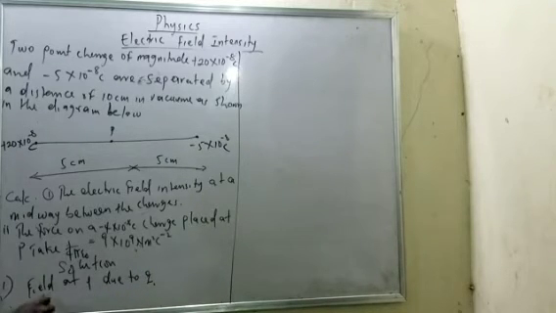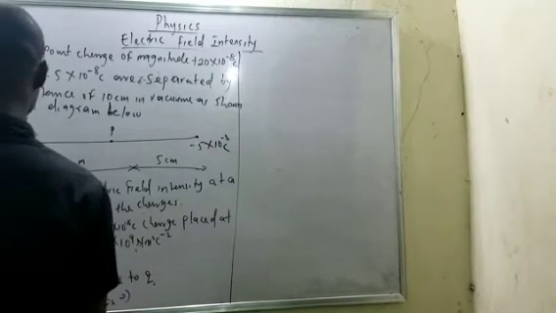It means I'll be having E1 equals to Q1 divided by 4 pi epsilon naught, which is 1 over r squared.